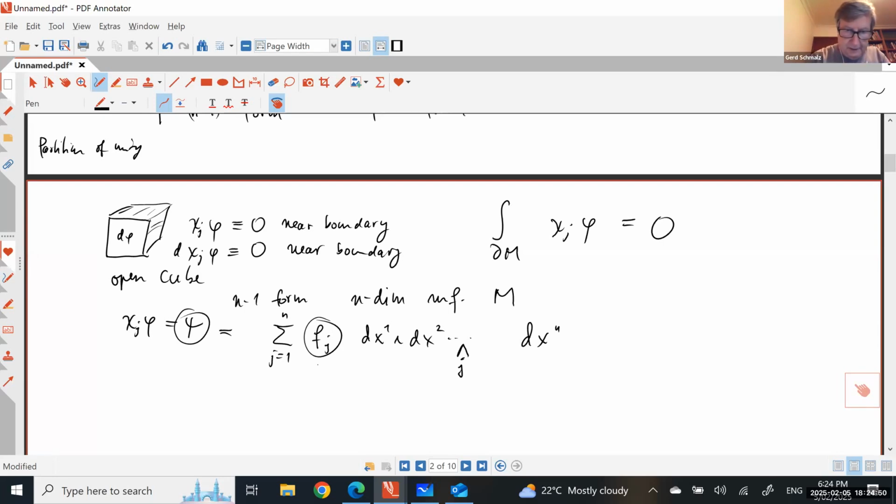So if we differentiate it, it gives us dfj by dx1, dx1 plus and so on, dfj by dxn, dxn. This is the differential.